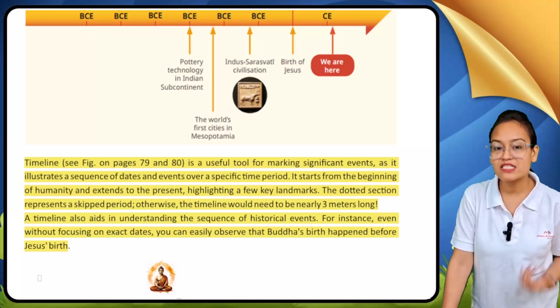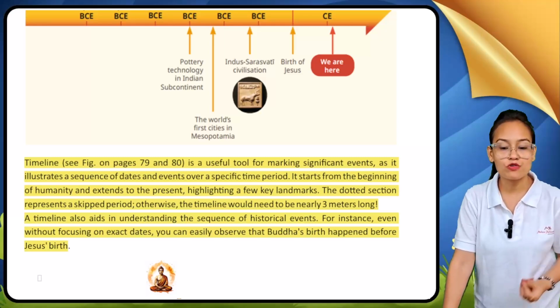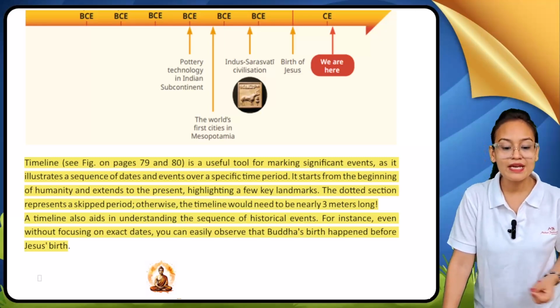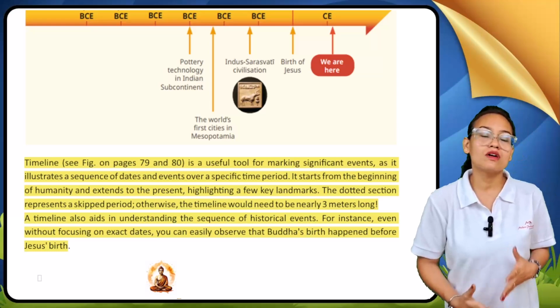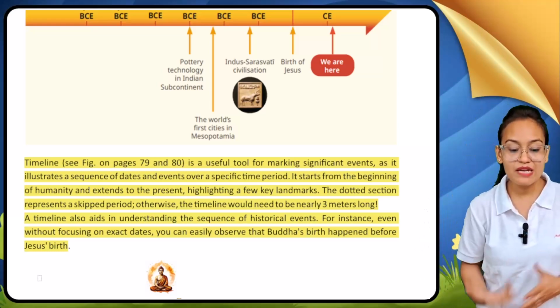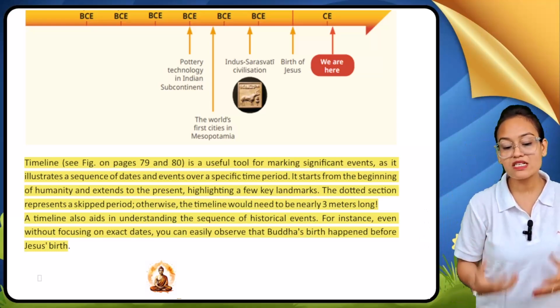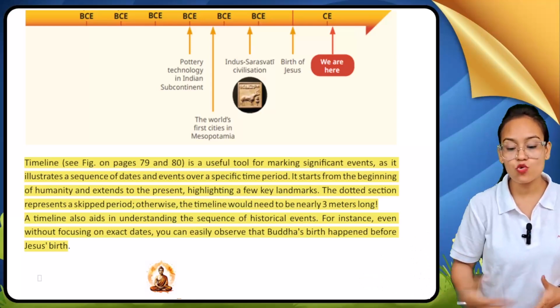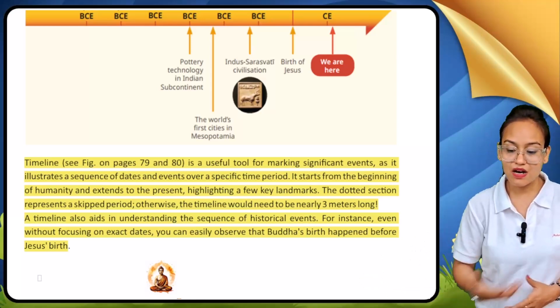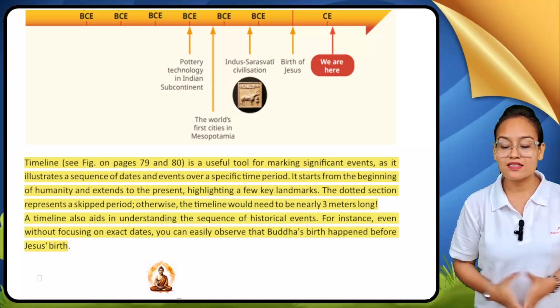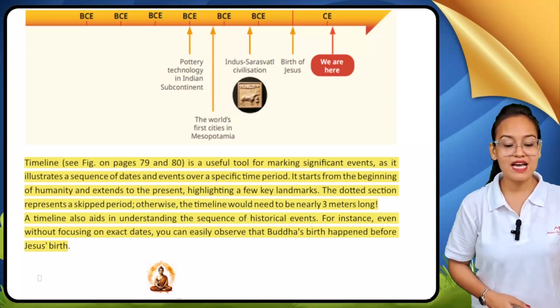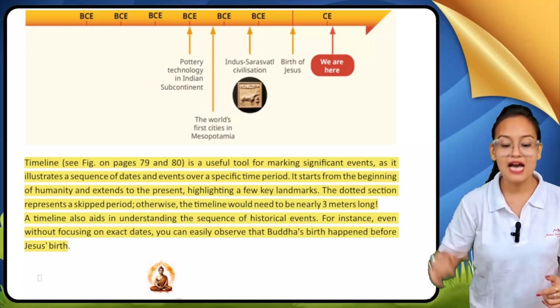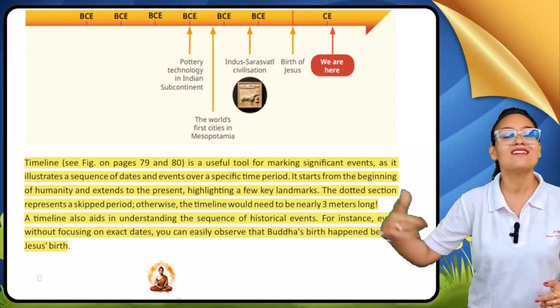A timeline is the most useful source to know about our historical period, because it illustrates a sequence of dates and events over a specific time period. The timeline starts from the beginning of humanity and extends to the present, highlighting a few key landmarks.